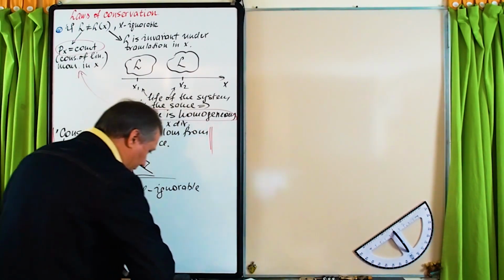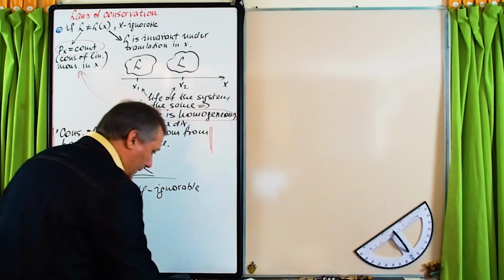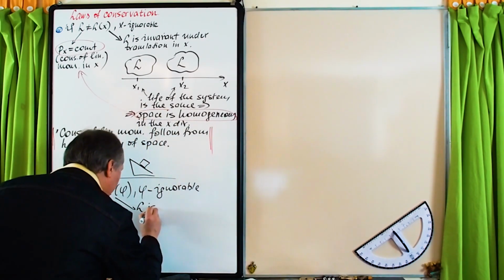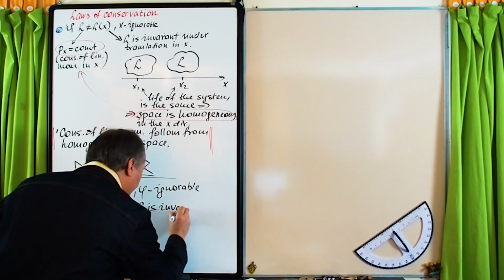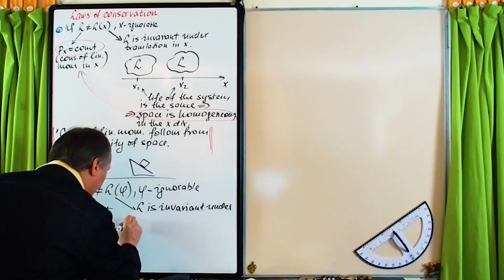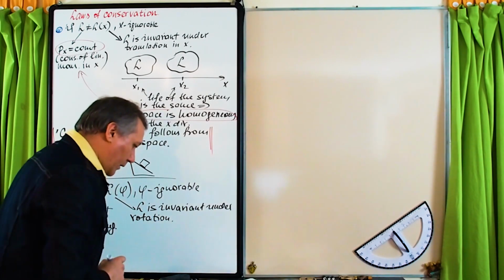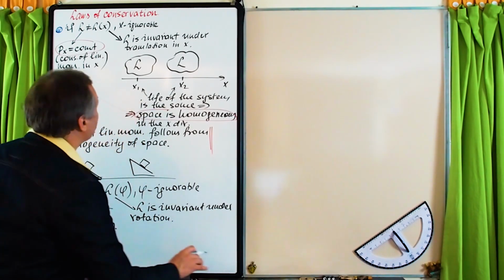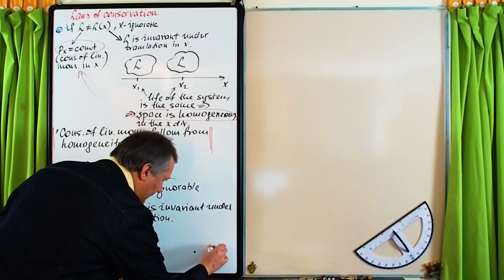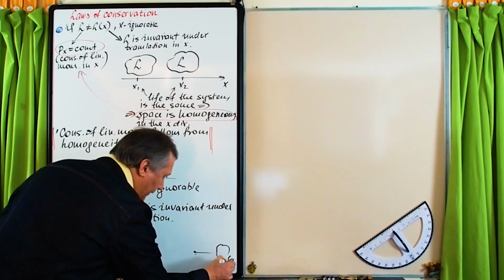Okay. So now let me write this: L is invariant under rotation. Maybe I will draw something. Let's say this is the system at angle phi 1.